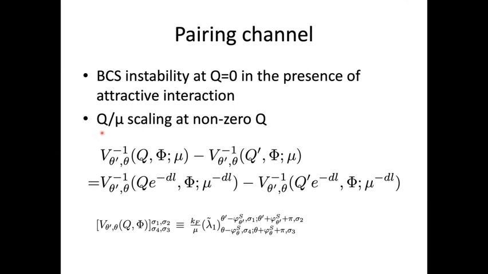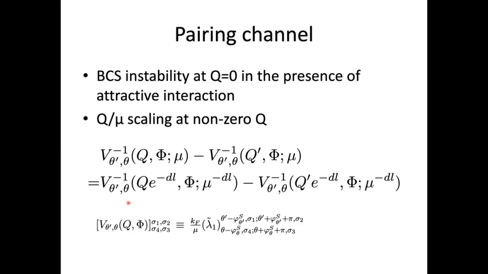But before the instability sets in, there is also Q over mu scaling at non-zero Q. In particular, if you subtract the logarithmic part at non-zero Q, this difference in the inverse of the pairing interaction is scale invariant when you simultaneously lower the energy and lower the center of mass momentum.